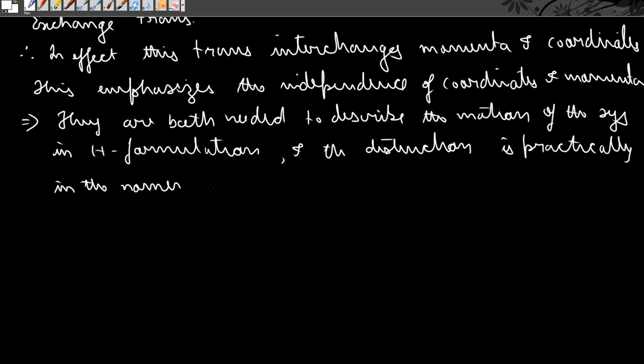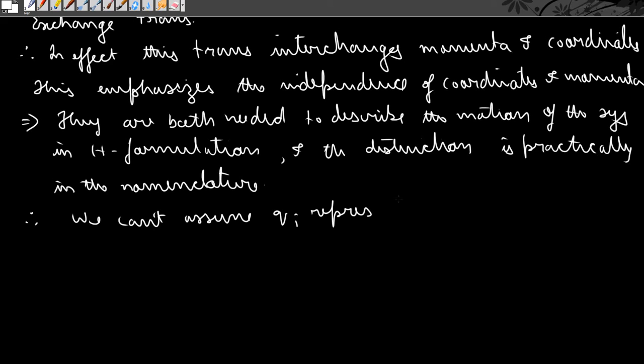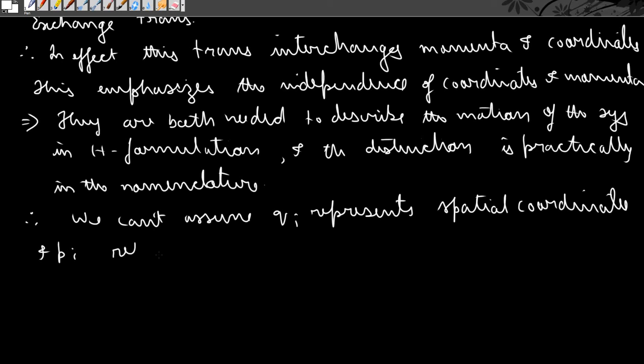That is what this statement means. Okay, so therefore we cannot assume Qi represents spatial coordinates and Pi represents mass times velocity. We cannot assume this.